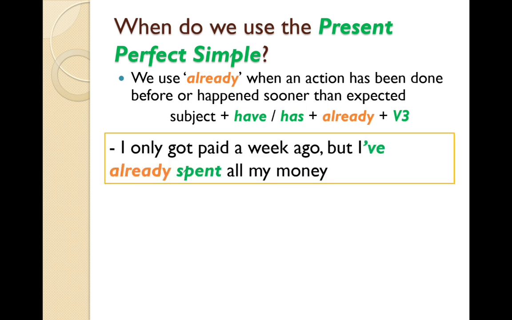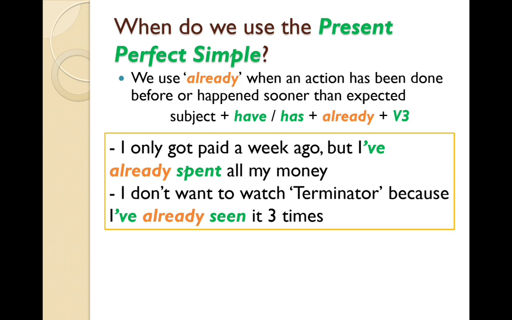I only got paid a week ago, but I've already spent all my money. We use already because it's surprising that I've spent all my money in 1 week. I don't want to watch Terminator because I've already seen it 3 times.